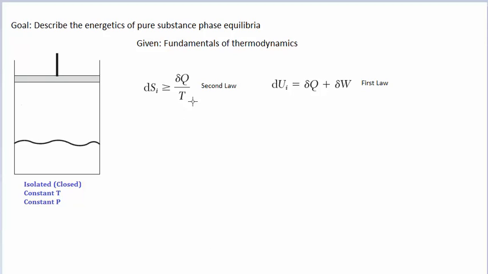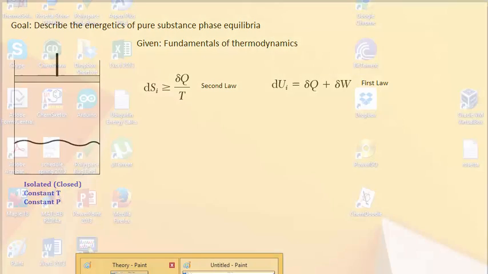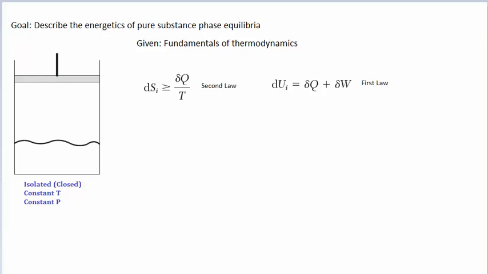Okay, so we're going to start with these first two laws, and we're going to use a bunch of assumptions, and you'll see that it'll actually tell us something pretty profound about how systems behave under phase equilibrium conditions. So the first assumption that we will make is we're going to say there's a lot of work that could be done to the system, but we're saying that only PV work is going to be done by the system.